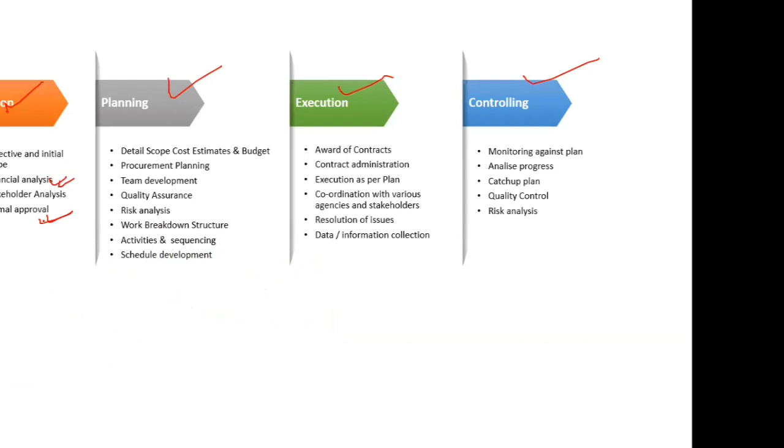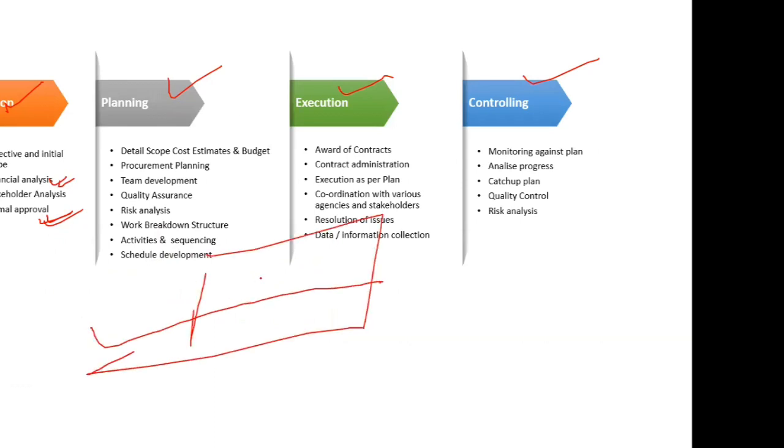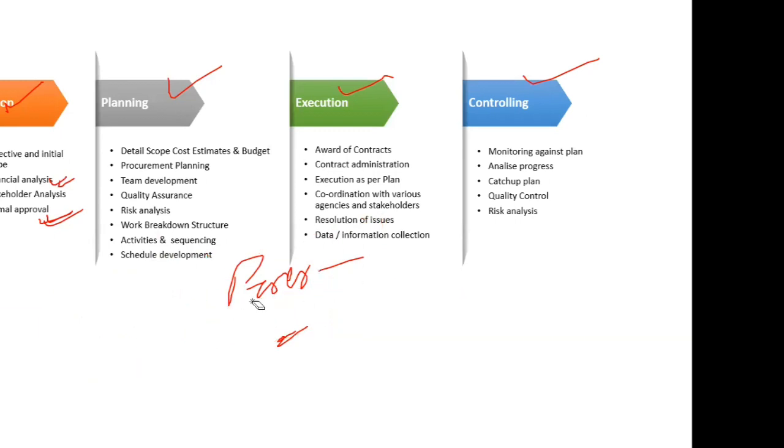Then formal approval: do you require any formal approval in the beginning? Let's suppose this road is going through forest department land. Then you need approval from the forest department that yes, this is what we are planning and we require this much land from your end. This is all done at the initial stage. Otherwise, you need to change the alignment of your road.